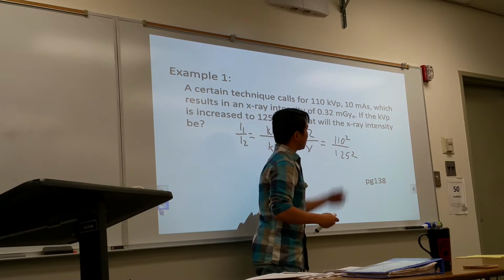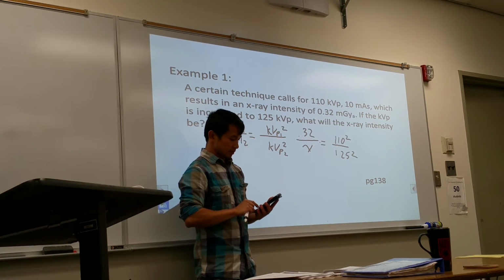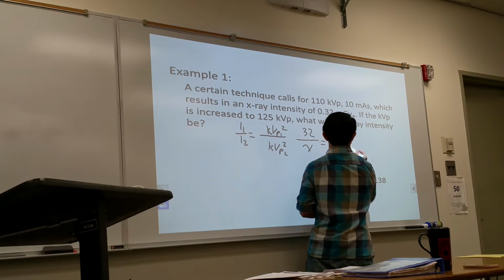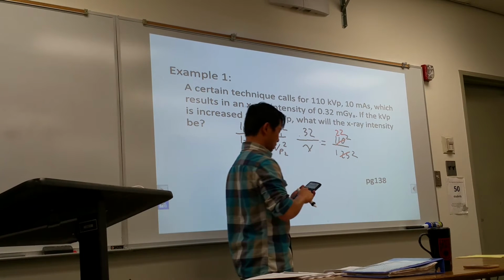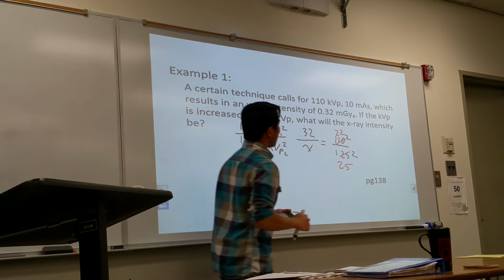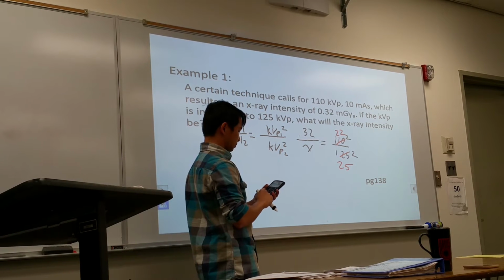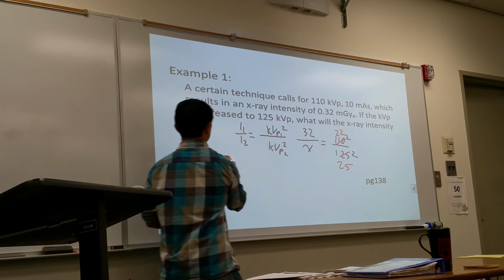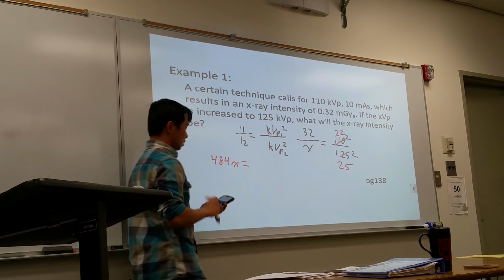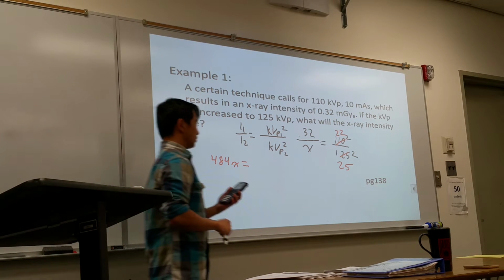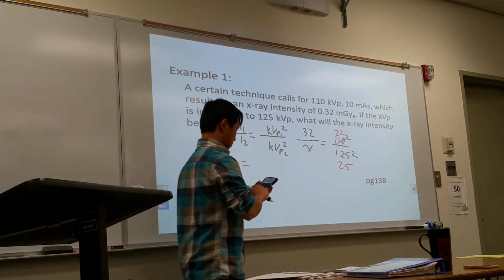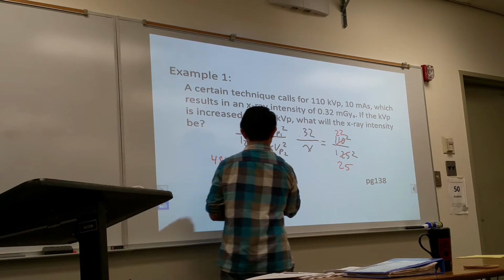We could actually do this by using a factor of 5, correct? So this would be 22, and this would be 25. 22 squared is 484, multiplied by x. 25 squared would be 625. 625 times 0.32 is 200.